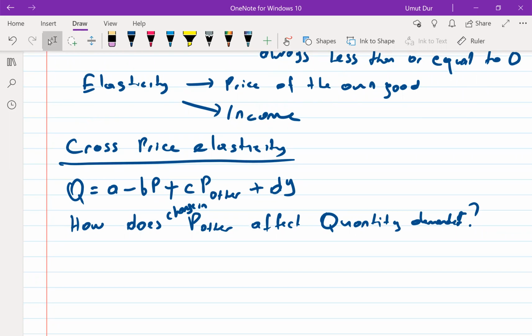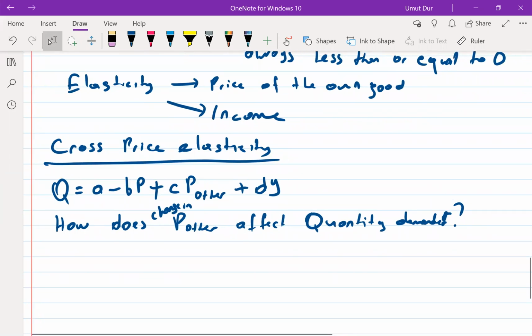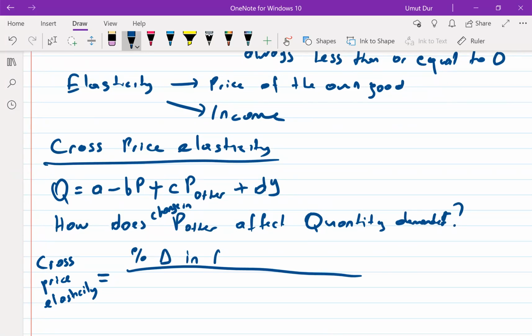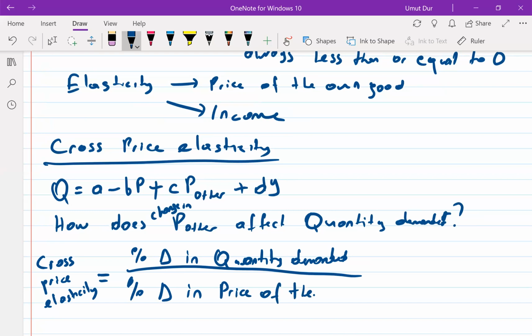So we are looking for the cross price elasticity. It will equal the percentage change in quantity demanded divided by the percentage change in price of the other goods.